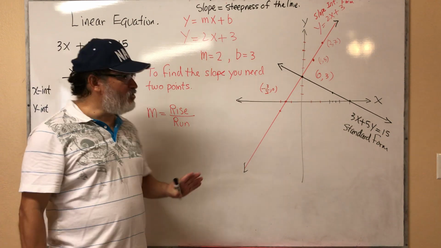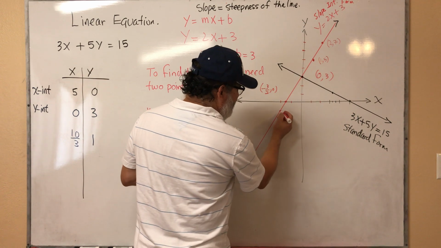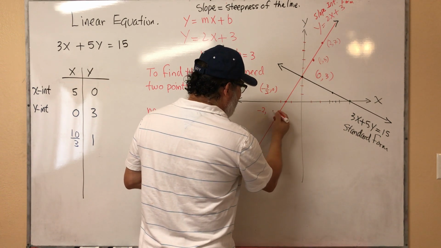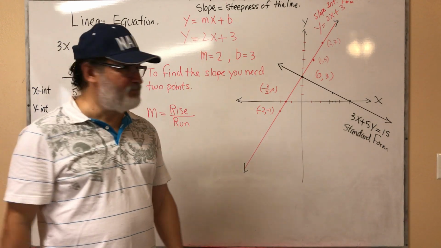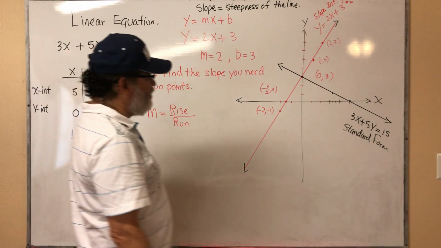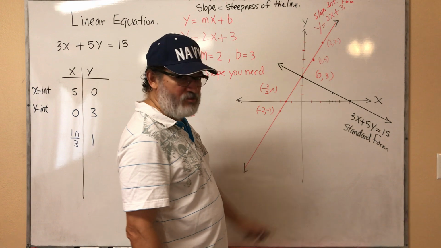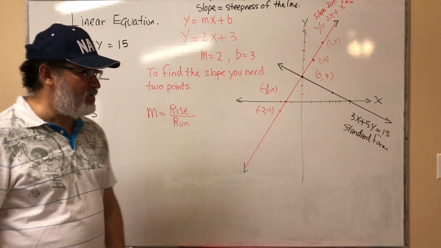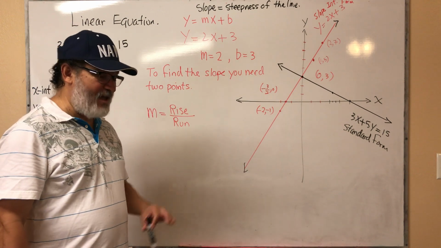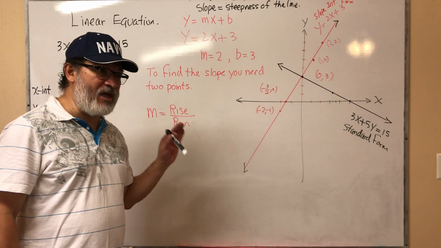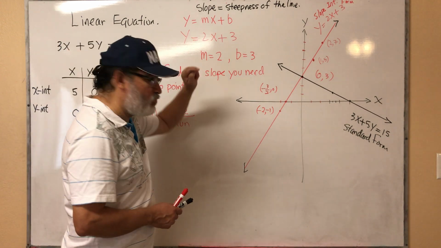Listen, on the red line, by the way, what is this point? This point here is (-2, -1). This point here is (-3/2, 0). So watch this. You pick any 2 points, you rise, and you run from one point to the next. On the red line, you're always gonna get 2.